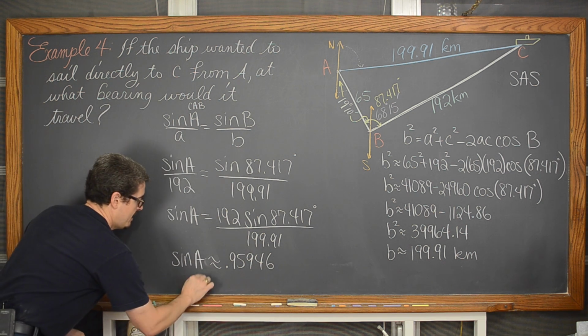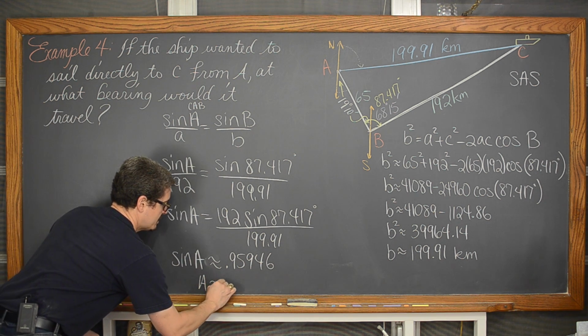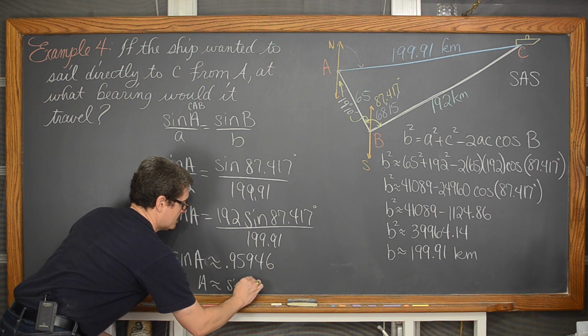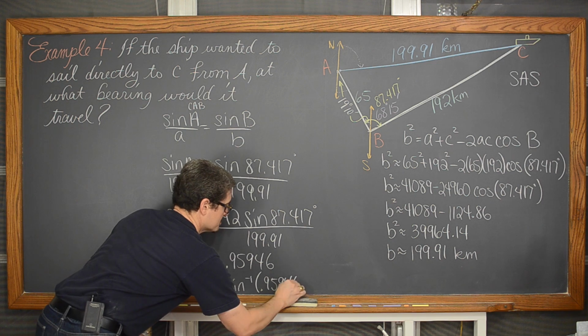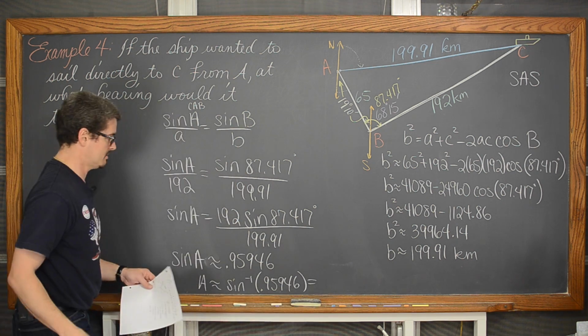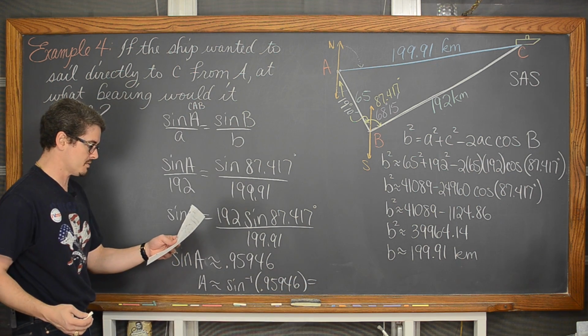That means that A is going to be approximately equal to the inverse sine of 0.95946.